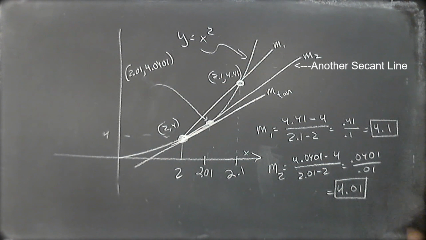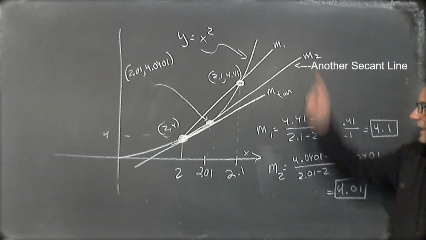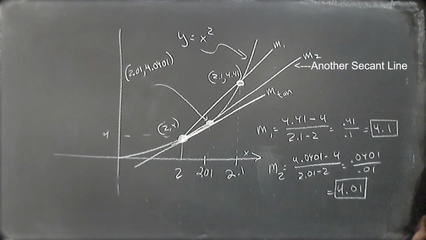Okay? Wow. So look at that. The slope of the first line is 4.1. The slope of the second line is 4.01, right? And the second line is closer to the line that we're looking for.